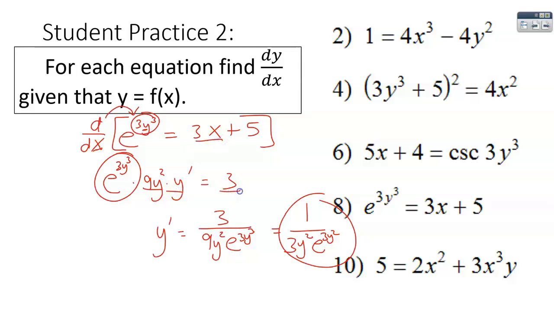Derivative of 3x is 3, and derivative of 5 is 0, so we don't bother putting it. Divide both sides by the 9y squared and the e to the 3y cubed to get the y prime by itself. And we get this. Then we can reduce the 3 with the 9, and we have our final answer.